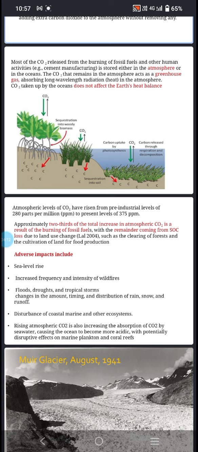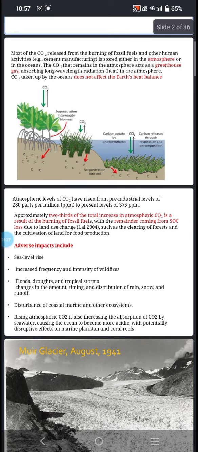Rising atmospheric CO2 also increases the absorption of CO2 by seawater, causing the ocean to become more acidic, with potentially disruptive effects on marine plankton and coral reefs.